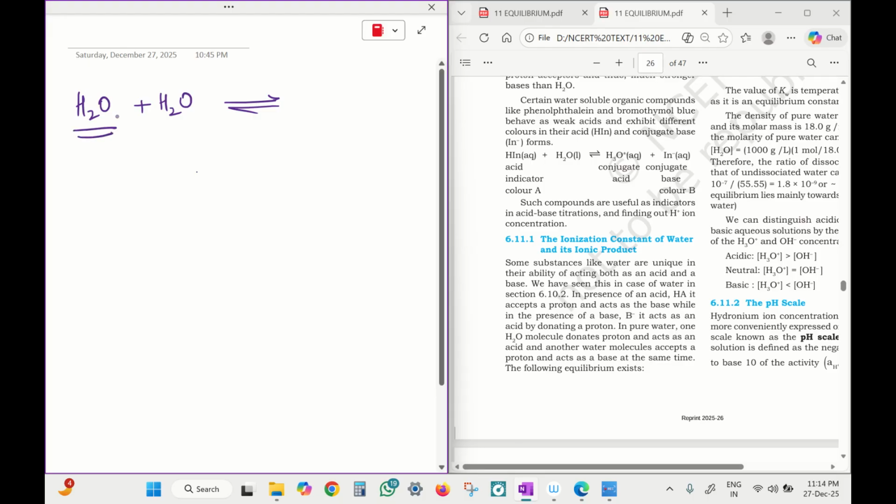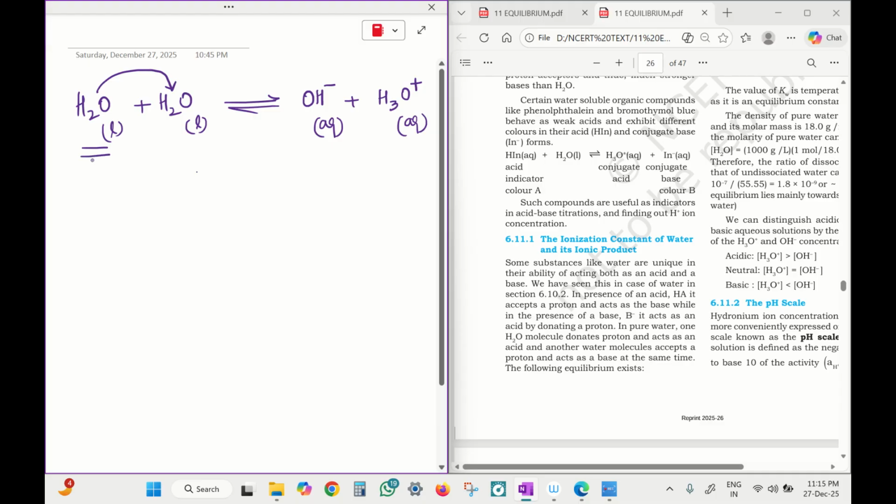The first water molecule provides H plus to the second water molecule, and therefore you will be left with OH minus from the first, and the second molecule will become H3O plus. Now, the water on the reactant side is liquid, whereas the hydroxide ion and the H3O plus ion both are aqueous. I hope you have understood this.